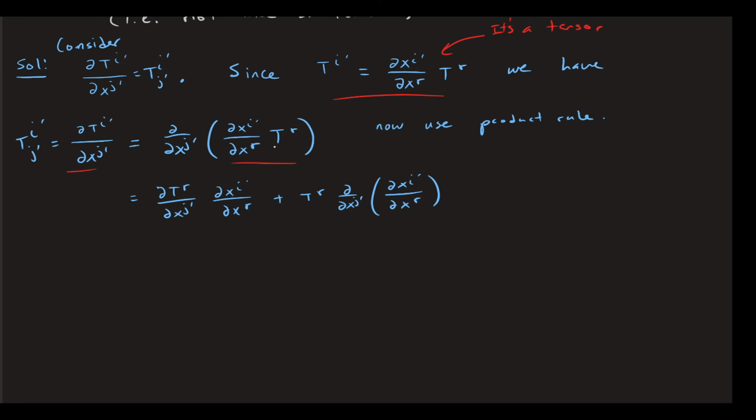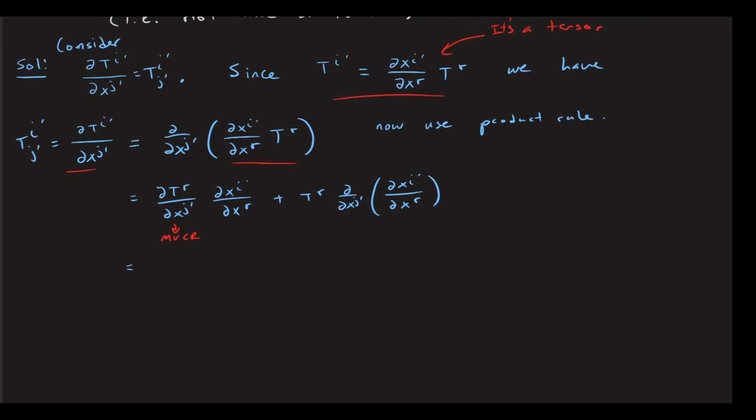Now what? Well, if we want to differentiate T_r with respect to x_j', we first go through the unprimed coordinate system to do so. So, the multivariable chain rule: we go through the unprimed coordinate system.